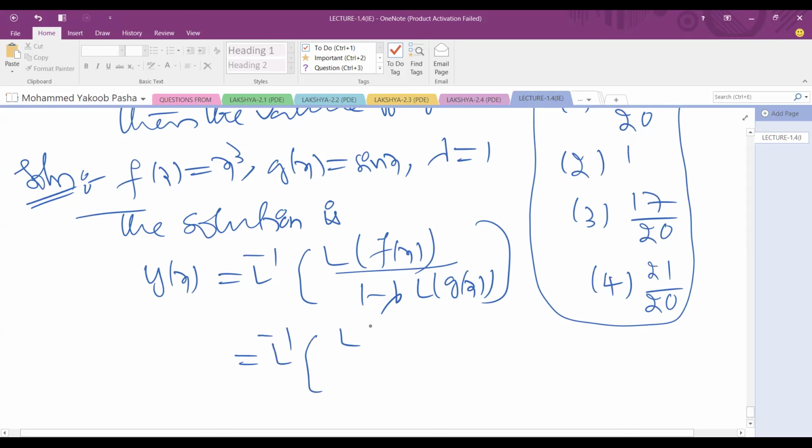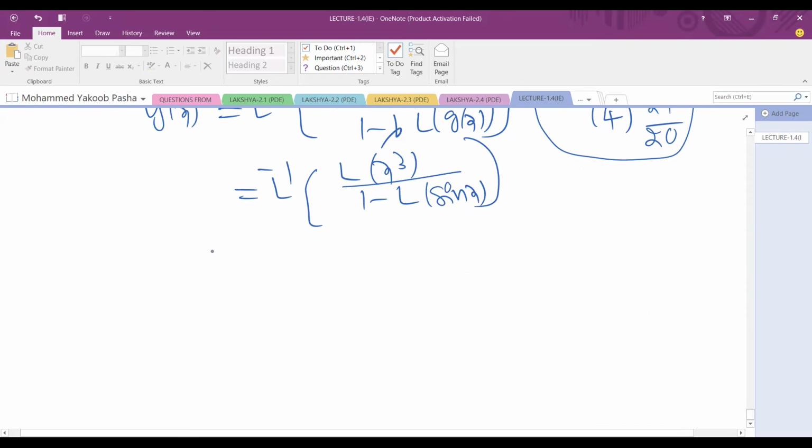Inverse Laplacian of L of x cube divided by 1 minus lambda, lambda is 1, L of g of x, g of x is sin x. So write the formulas for Laplacian of x cube. When Laplacian of x power n, the original formula is n factorial by s power n plus 1.